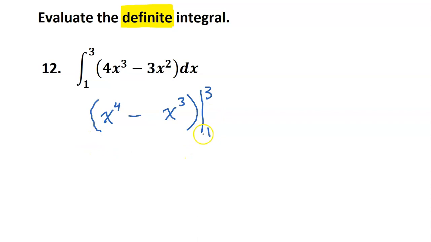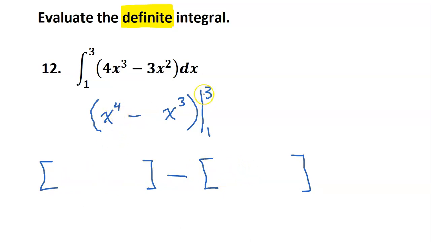So this expression means that we need to evaluate the expression at the upper limit. So we're going to evaluate this expression at 3, and then we're going to subtract the value of the expression at the lower limit. So we're about to do upper limit evaluation minus lower limit evaluation.